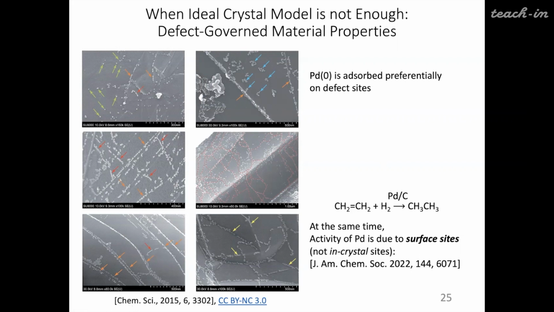At the same time, if we want to consider a catalytic system like this one, so palladium and carbon, we are also interested in the surface morphology of the catalyst, because catalytic activity is due to the properties of surface atoms, not crystal buried atoms.